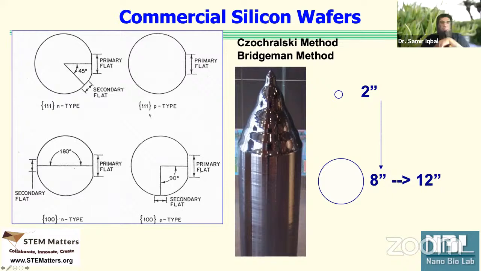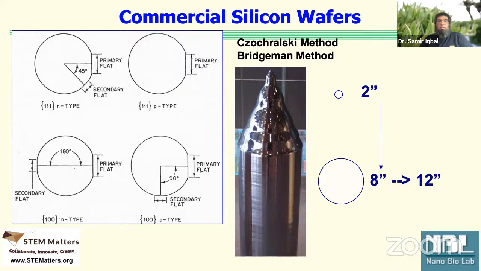So that 111 is a specific plane out of that crystalline structure. If you get a wafer which has a big flat and then a secondary small flat, that would mean it's 111 n-type. So there's terminology. I don't want to go into detail. It's a whole long list of what kind of flat would mean what kind of wafer it is.